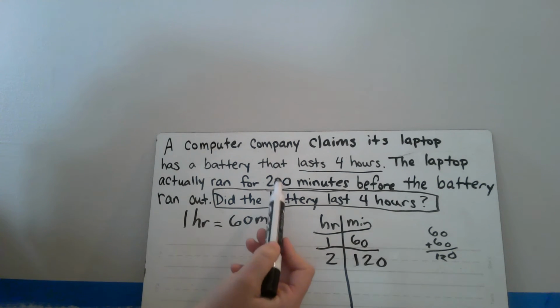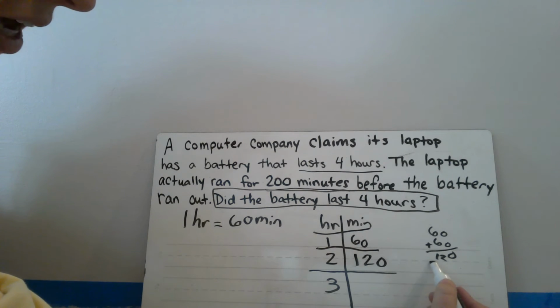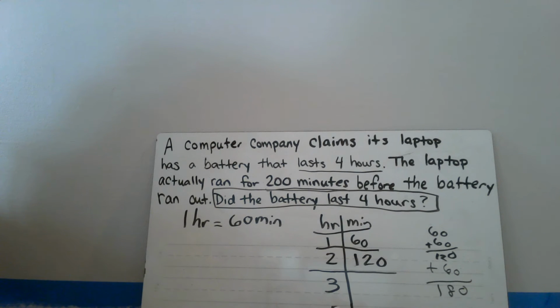Now, I know that it lasted for 200 minutes, so I'm going to try to add another hour. 3 hours would be, let me add another 60. That looks like 180 minutes.